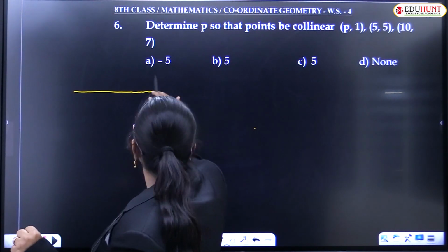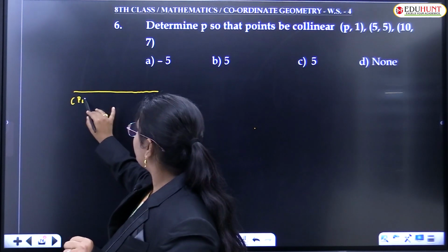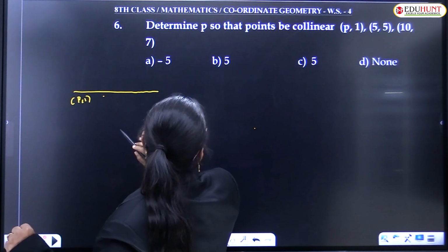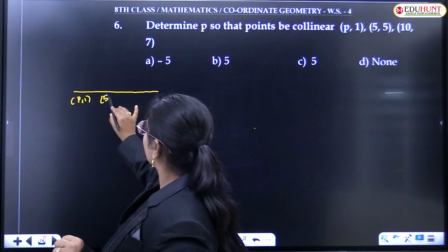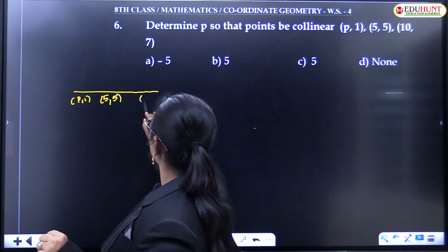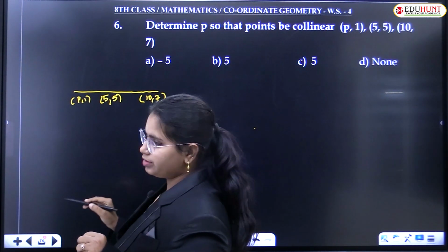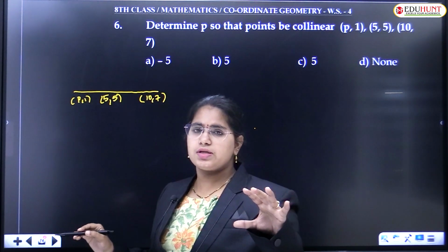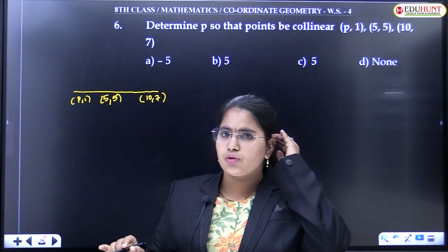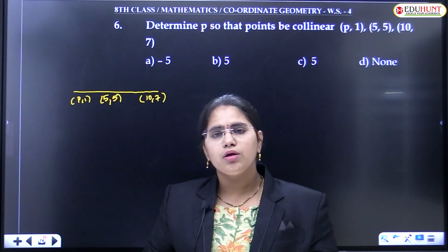Correct. So what are the points which are given? P, 1. Next point is 5, 5. Next point is 10, 7. Right. So if all 3 points lie on the same line, then we can conclude those 3 points are collinear.